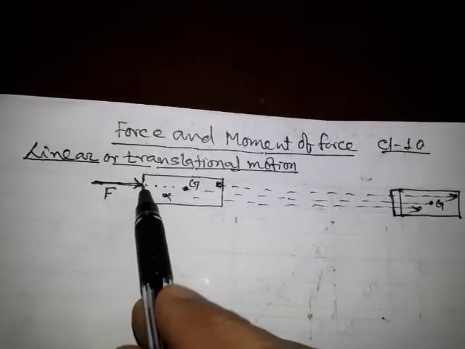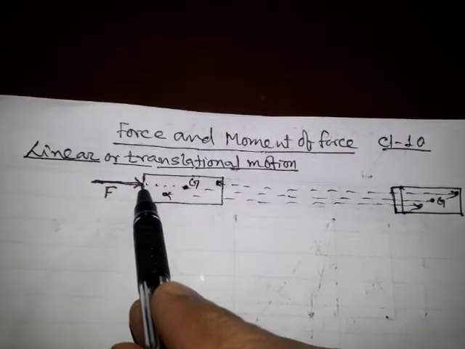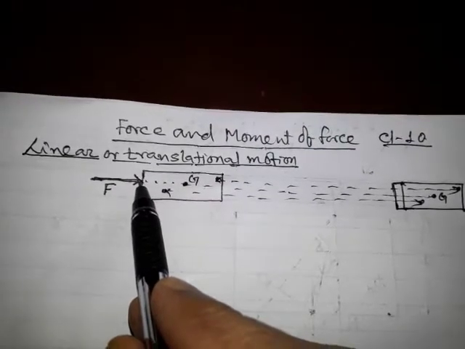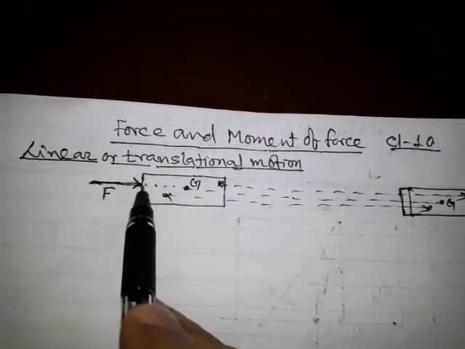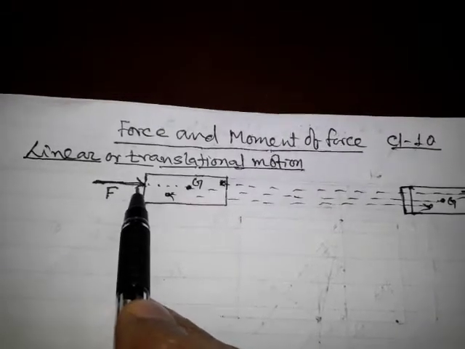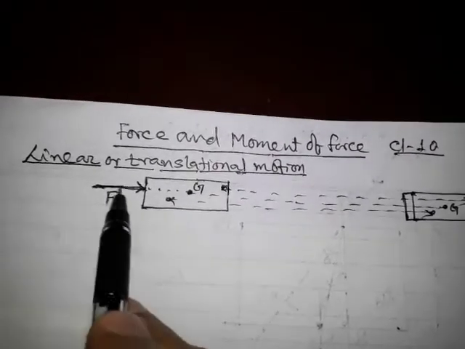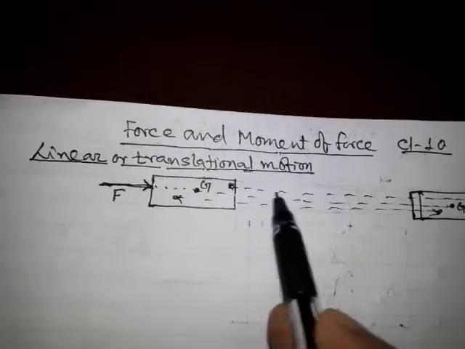This point where the force has come in contact with the object, we call point of application of force. And this is the direction of the force in which it is applied. If we consider an imaginary line in the direction of force, this we call line of action of force.